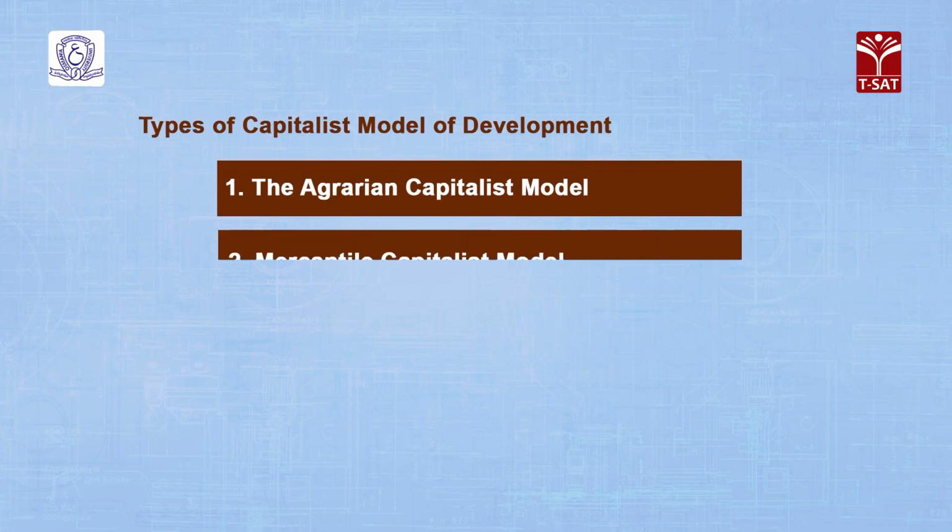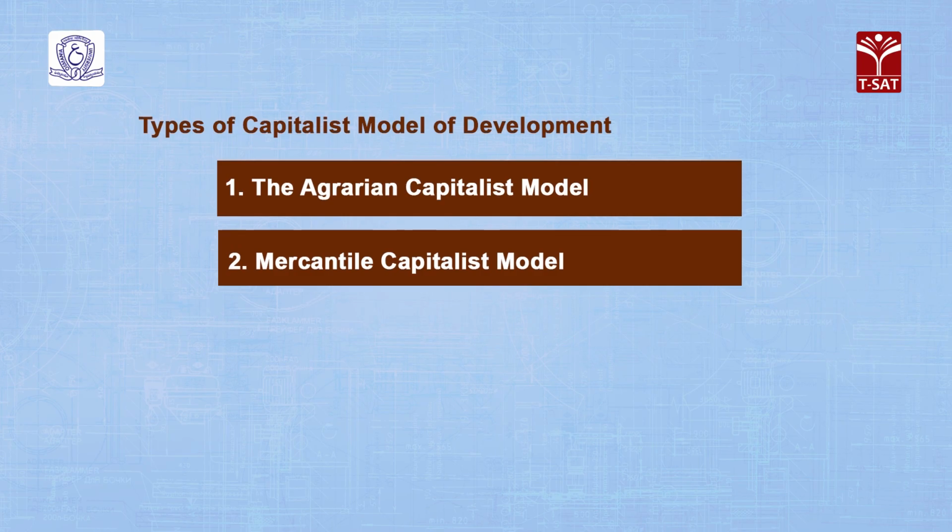profit. With regard to the mercantile capitalist model of development, this model of capitalist development took place between the 16th to 18th centuries. The age of discovery, geographic explorations and discovery of sea routes contributed significantly to the development of this type of capitalist model.